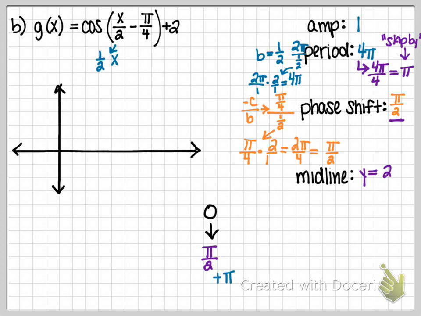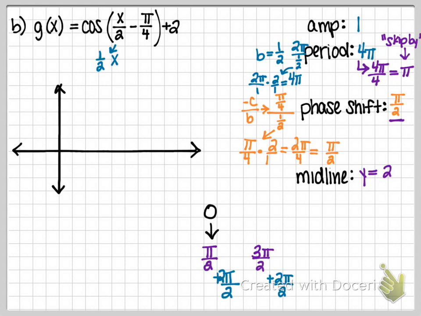Remember, if you're upset about not having common denominators, pi is the same thing as 2 pi over 2. So 1 pi over 2 plus 2 pi over 2 gives me 3 pi over 2. Then I add pi again as 2 pi over 2.